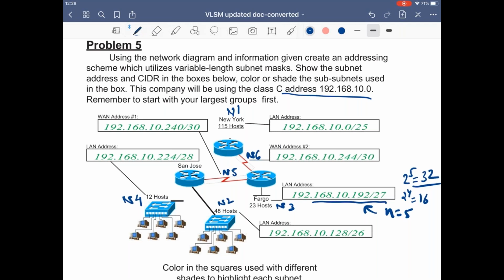Here the IP address range starts from 224, and the last IP for network 4, the broadcast ID, is 10.239.